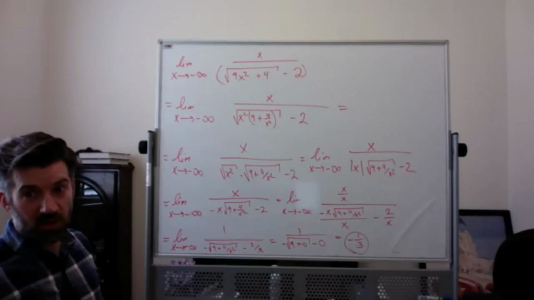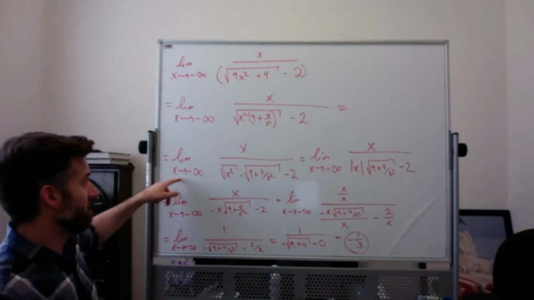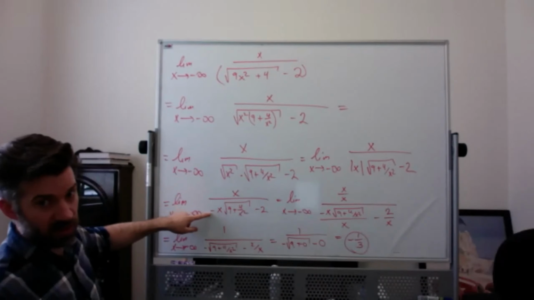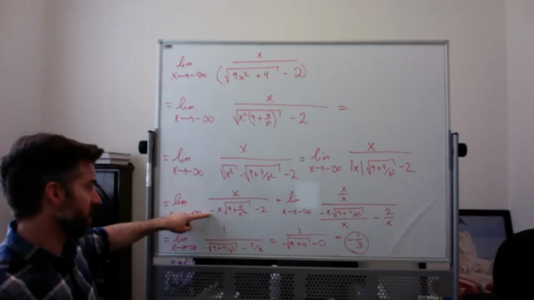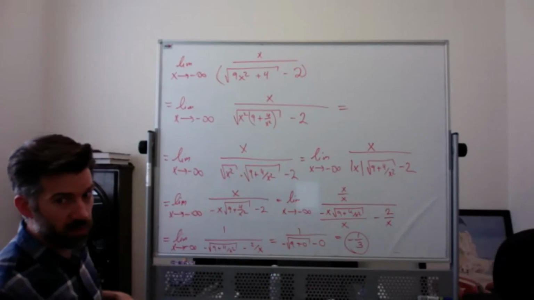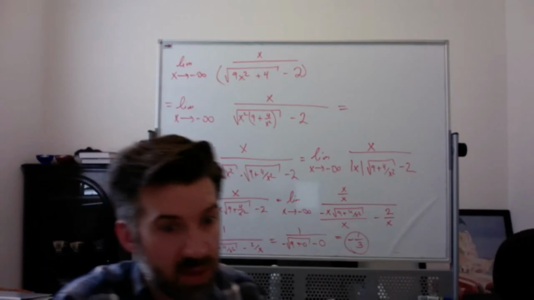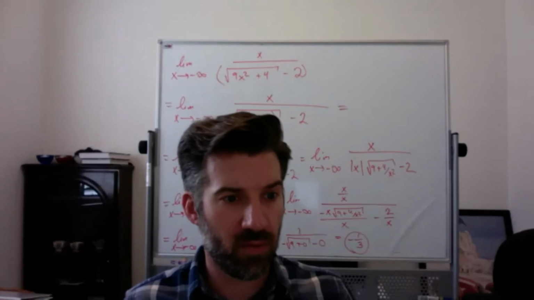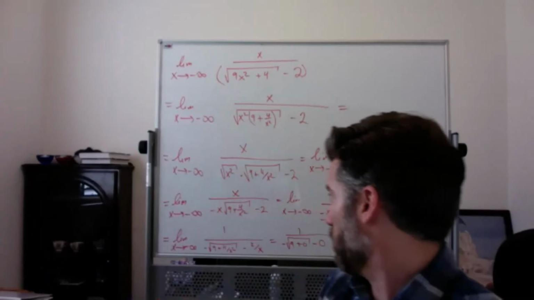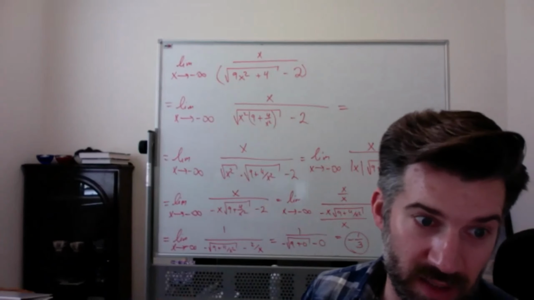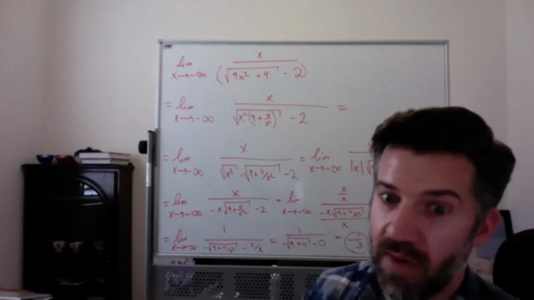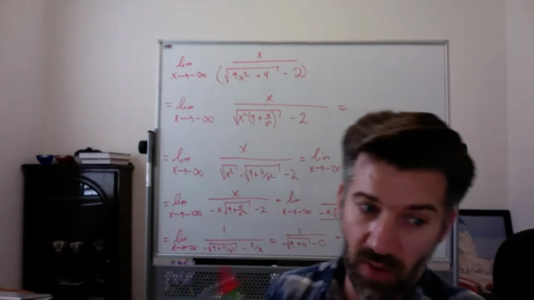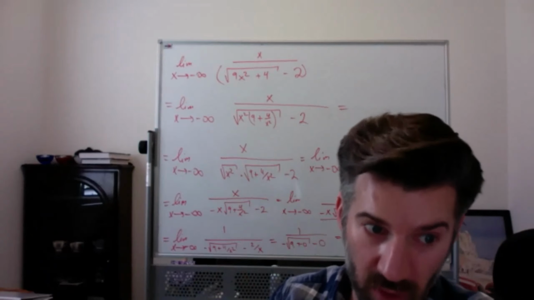And I'll just tell you, if this had been the limit as x goes to positive infinity, you would have had a positive x here instead of a negative x, and the limit would have ended up being positive 1/3. So if you look at this question, looking at his homework, homework question 4, I would imagine your limit will end up being negative 1/2. And then if you look down at question 8, it says to find all the horizontal asymptotes of that same function.